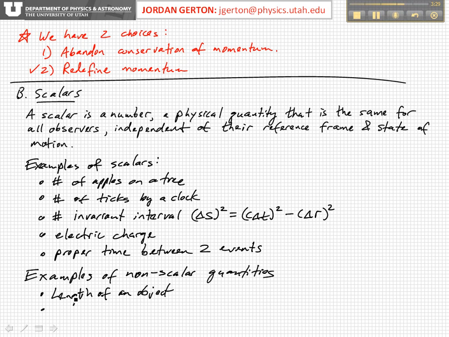The time between two events, just the normal time between two events, not the proper time, is frame dependent. And many other things. For example, the distance between world lines. Okay, that is not a scalar.